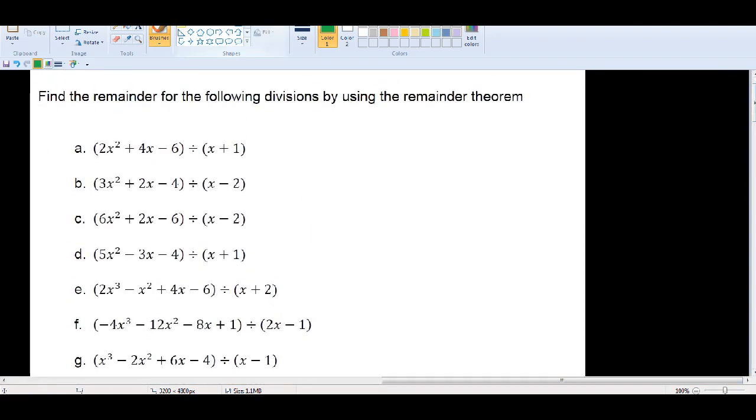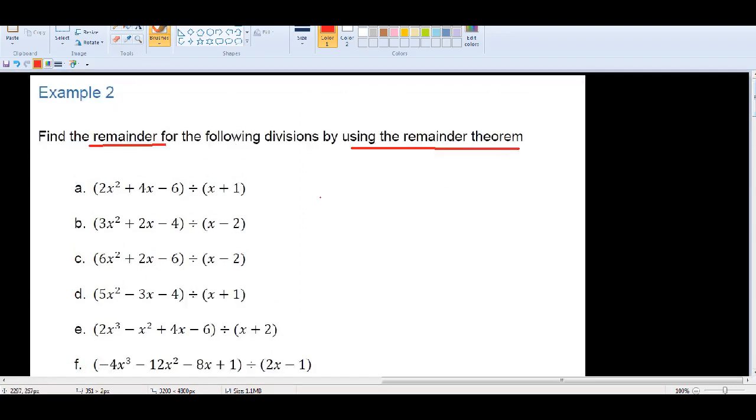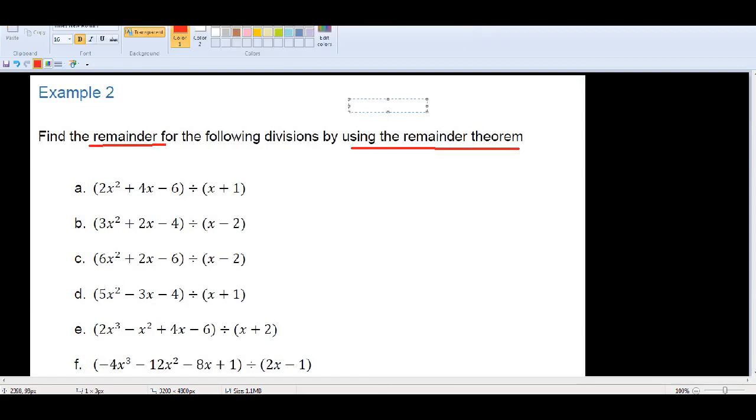When the question is just about finding the remainders using the remainder theorem, sometimes the question will ask you to find the remainder without long division. So there are two ways to do it. One way is just asking you to use the remainder theorem, then you don't have a choice. You can't use long division, can you?